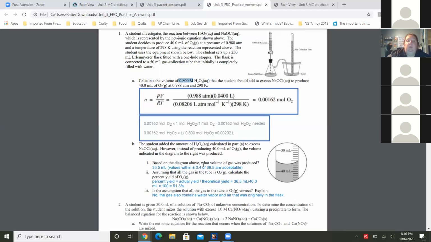But molarity is moles per liter, so we can use that as a conversion factor to go from moles to liters. So if I was going to work it out, I would have strung all that together.